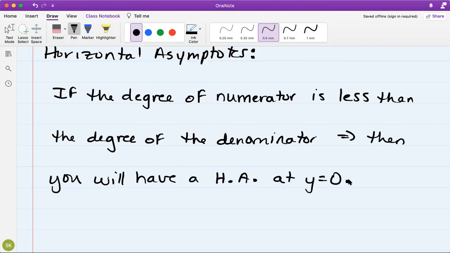So no matter what you have for the top polynomial, whatever you have for the bottom polynomial, if the degree of the numerator is less than the degree of the denominator, you're always going to have a horizontal asymptote at y is equal to 0.